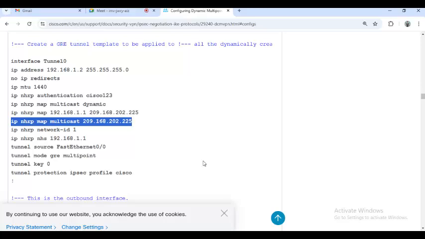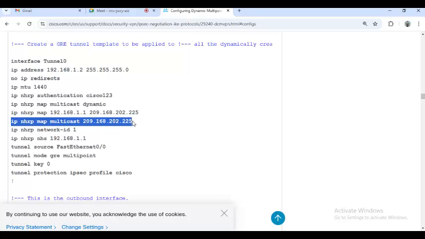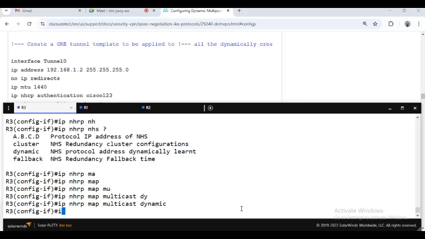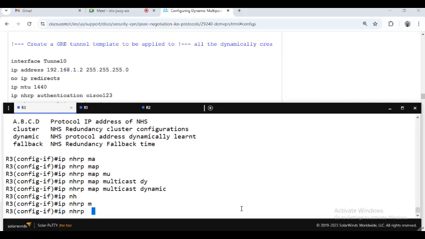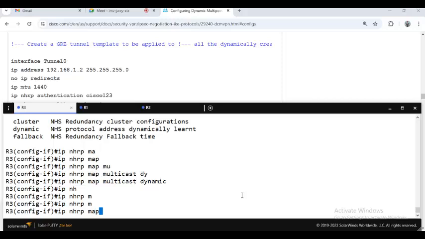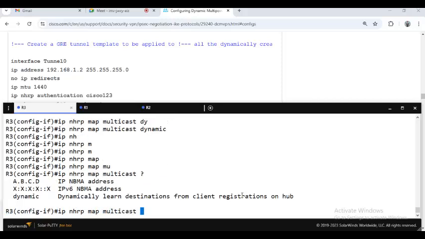IP NHRP map multicast, and I have to specify the IP address of the hub. Wait, I'm in the hub. So here, IP NHRP.